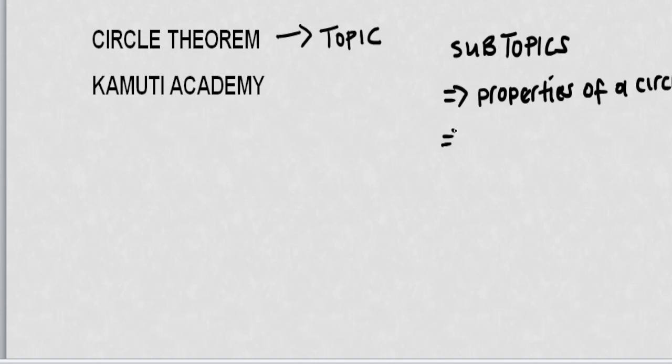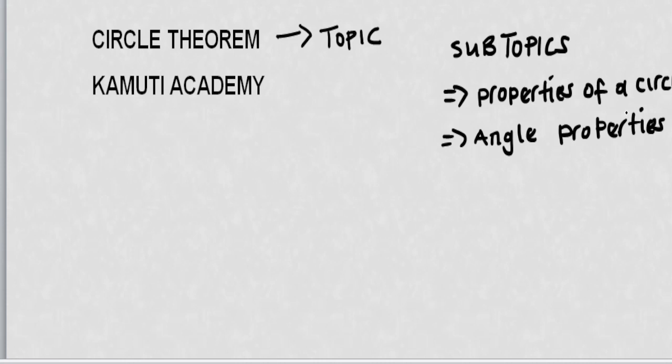Then the second one is what we call angle properties. So these are the two major subtopics that you are going to find on this topic that we call second theorem.